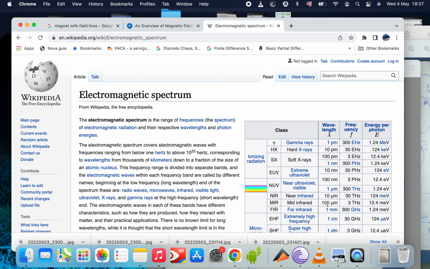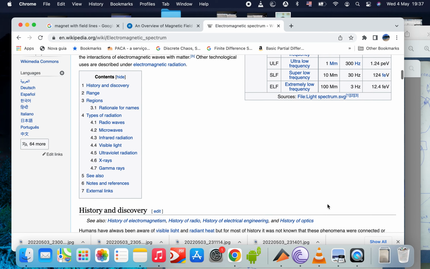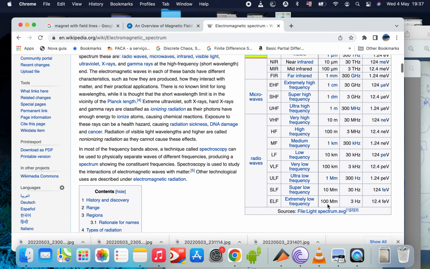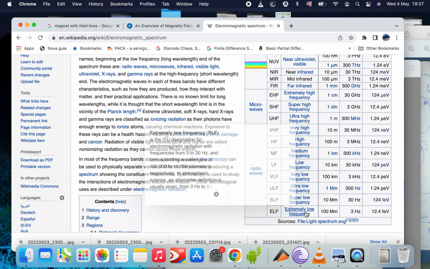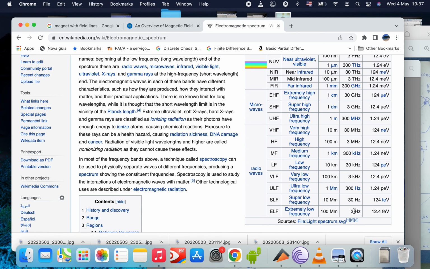We're going to look at what hopefully is an actual electromagnetic wave called an ELF. It has extremely low frequency. It's spinning at 3 hertz, and it's got a wavelength of 100 million meters. So this thing is huge.